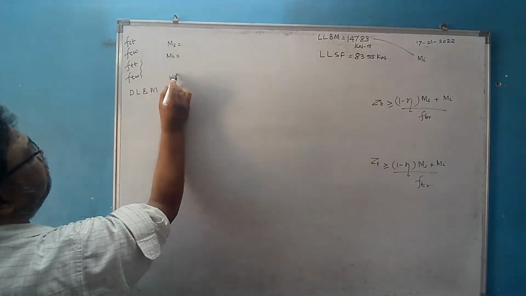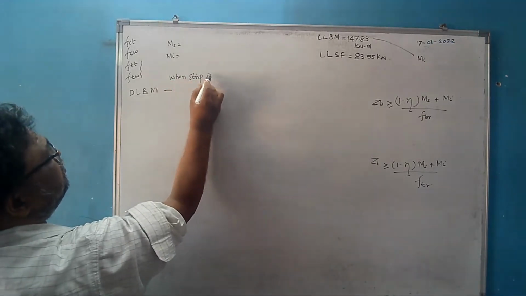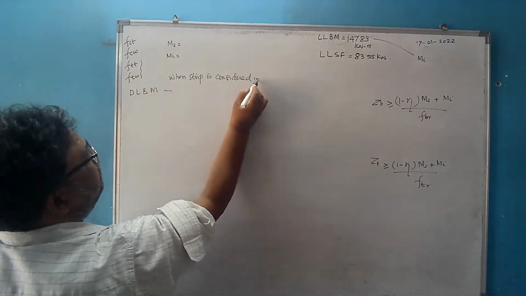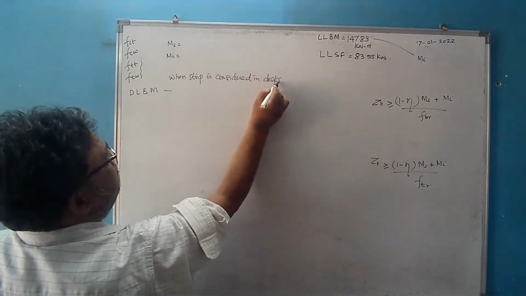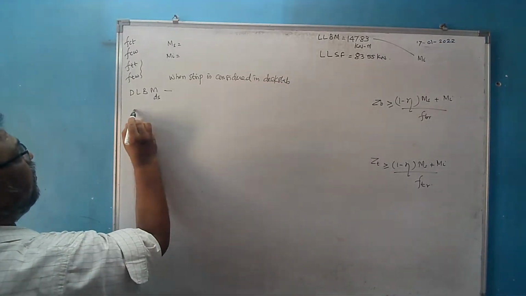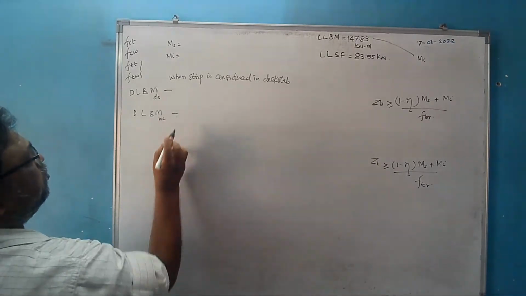When a 1 meter strip is considered in deck slab, dead load bending moment due to the deck slab, dead load bending moment due to wearing coat.